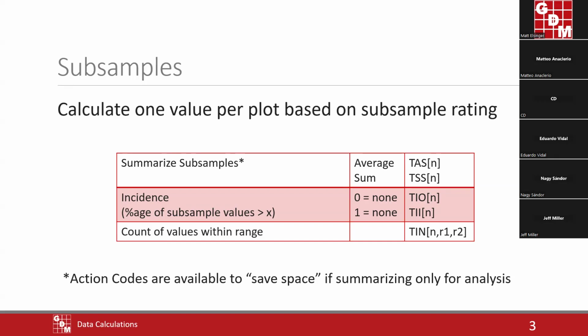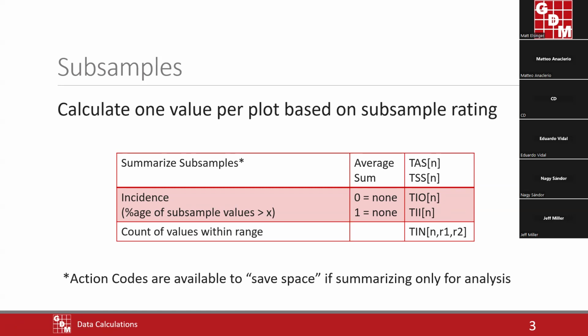Wouldn't really necessarily have to create an entirely separate column with those numbers, because ARM, when doing analysis, when doing the ANOVA or graphing or things like that, the default action for subsample data is to first calculate a plot average.